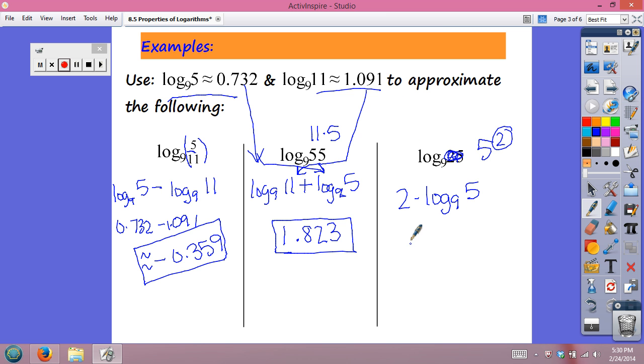So we get 2 times 0.732. Multiply that out. You get 1.464. And that is the answer. So a couple examples. Make sure you write these down because we have a good example of all three properties: quotient, product, and power properties.